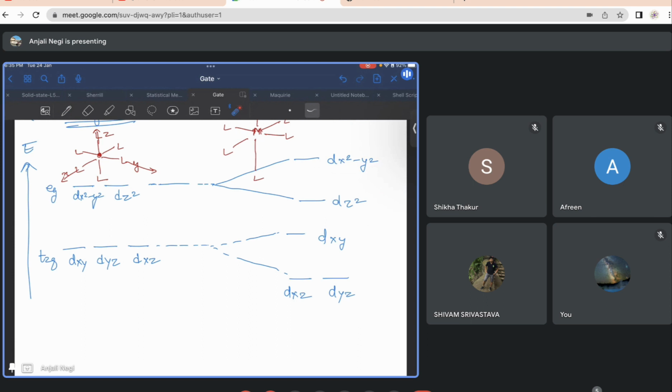Now in the case of octahedral complexes, this delta, which is the CFSE, crystal field stabilization energy, is the delta. So this delta plays a very vital role here.